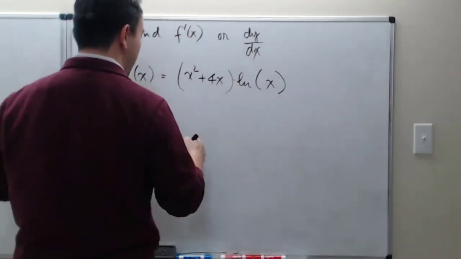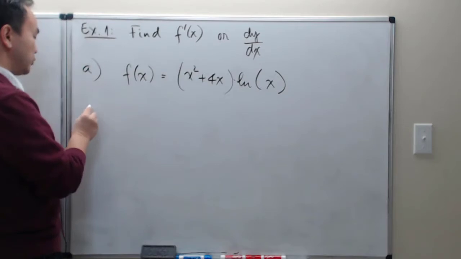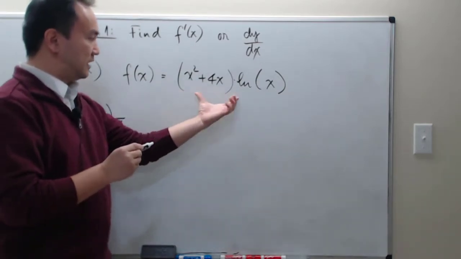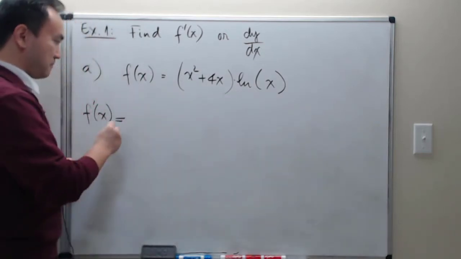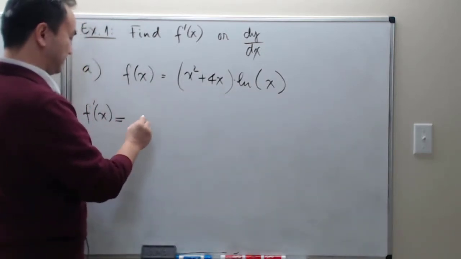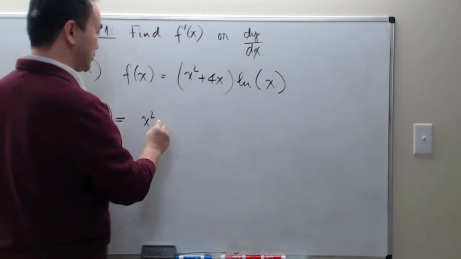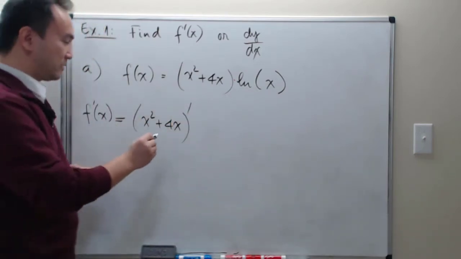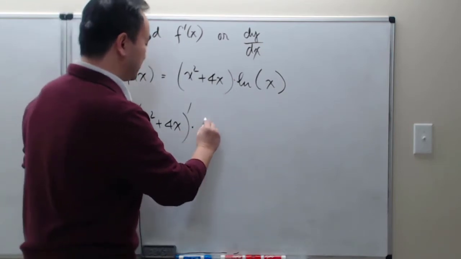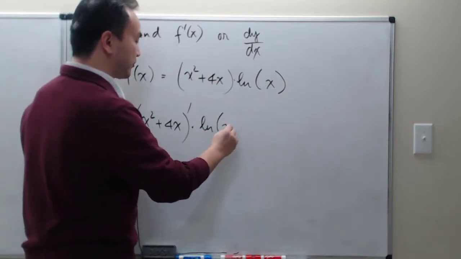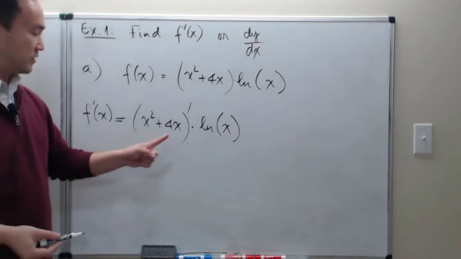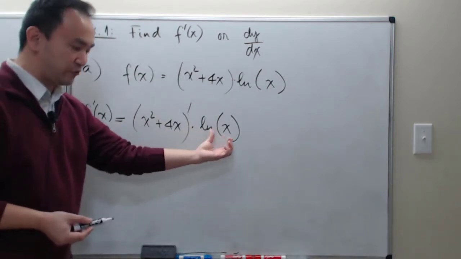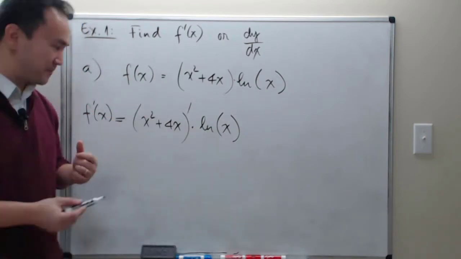The product rule says to find the derivative, we must first take the derivative of the first factor, x squared plus 4x, and multiply that derivative with the other function without derivative, keeping natural log of x the same.